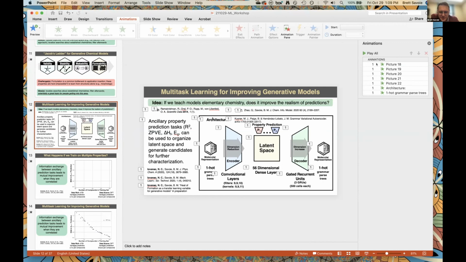And so we've been using the XTB package to generate hundreds of thousands of properties that don't exist in QM9, for instance, because it's just too expensive for us to recalculate all of those using DFT. So XTB is really important behind the scenes for generating all of our training data.